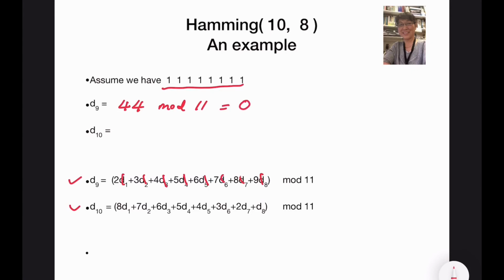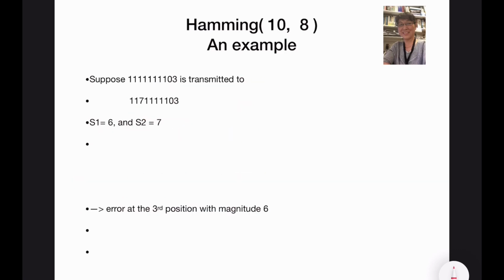Now, secondly, if we replace them by 1 again, the result should be 36. 36 mod 11, the result is 3. Therefore, we generate a code 10 digits long with 0 and 3 at the end. Suppose this 10-digit number is transmitted with a single error, so we can see the error occurred here.